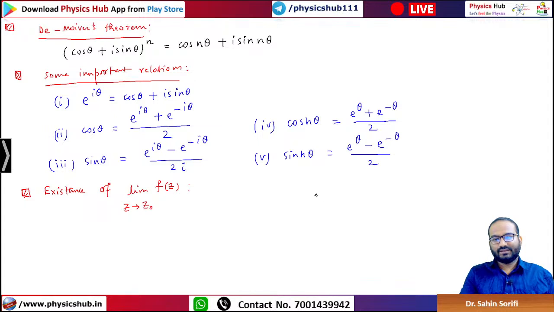So it is like you have a z0 point and you are approaching towards that point z0. That is the meaning of limit, right?